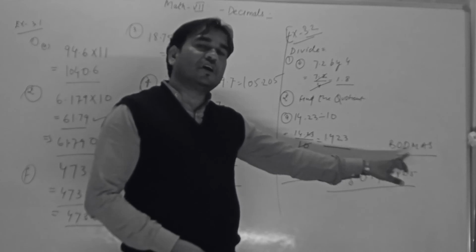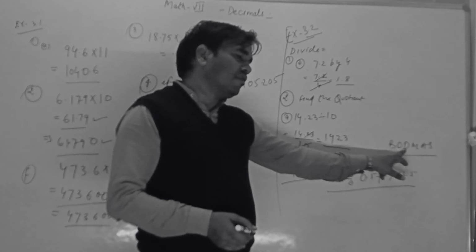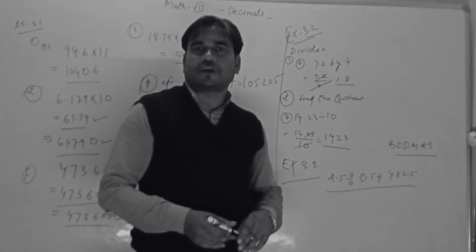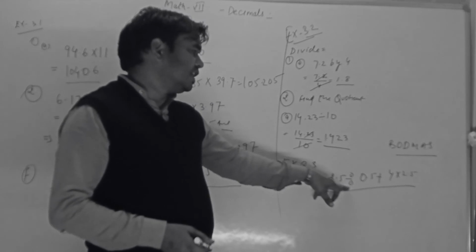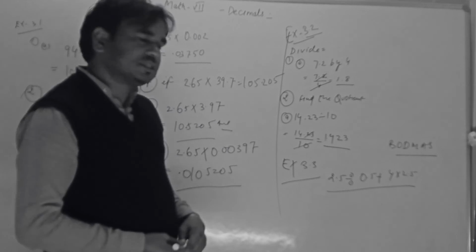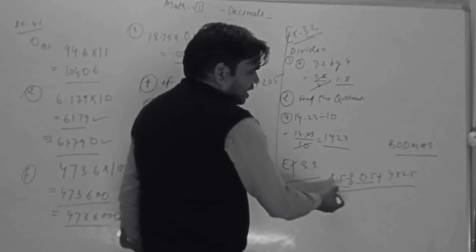So in the BODMAS formula, you have to remove the brackets first, and after that division, after that multiplication, addition and subtraction. So here we see first that it is division, because no brackets are given here. So first division, so we put divide here.